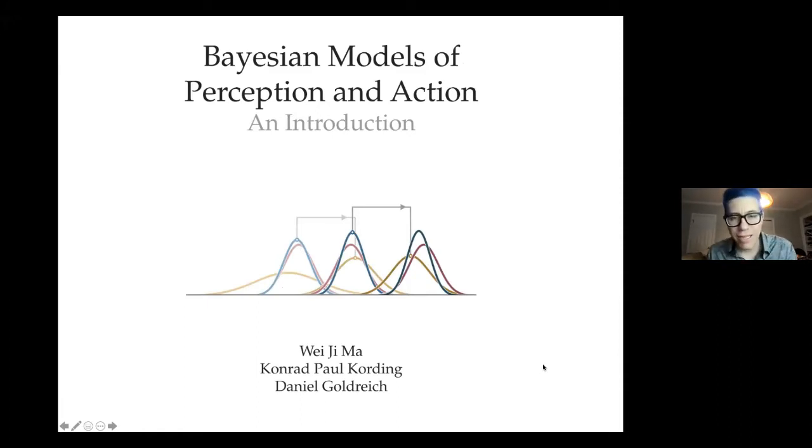The first thing that I wanted to say here as well is, for people who get interested in Bayesian statistics, we just finished writing a textbook. It's a textbook with Vijay Kumar and Dan Goldreich. Its title is Bayesian Models of Perception and Action, an Introduction. And it's free and it's online.